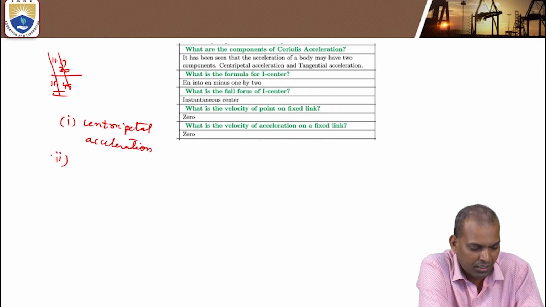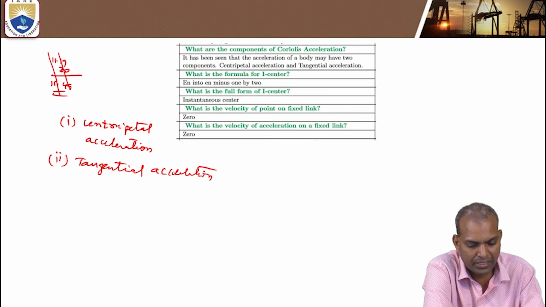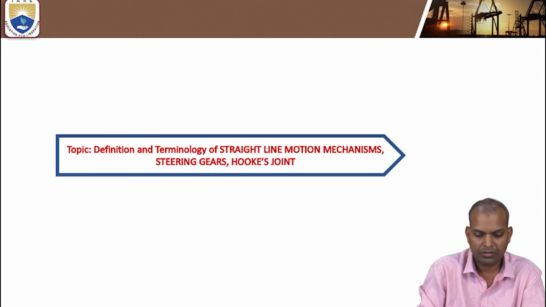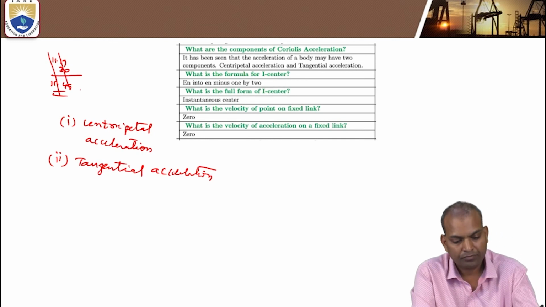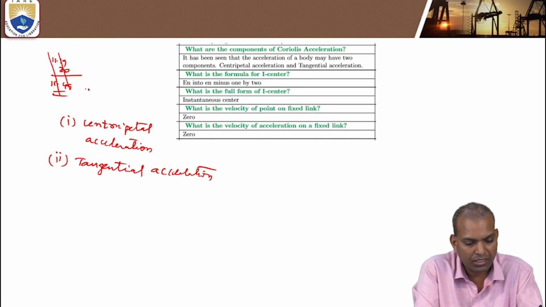And the second component is the tangential acceleration. Centripetal and tangential acceleration. Now here, what is the formula for the Coriolis component of acceleration?